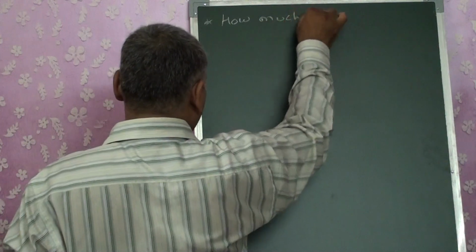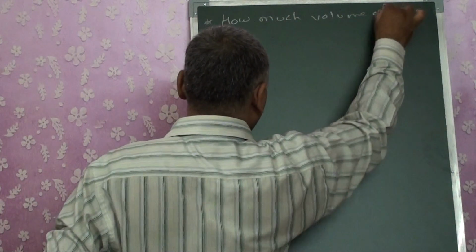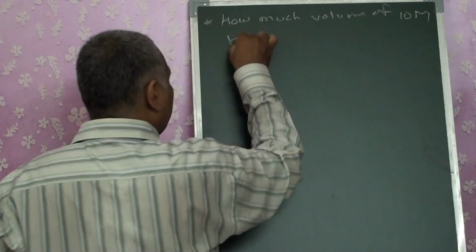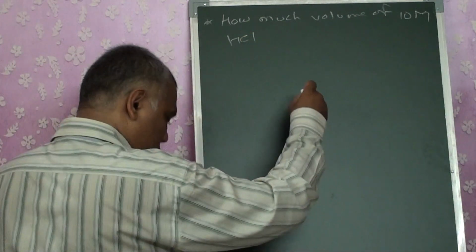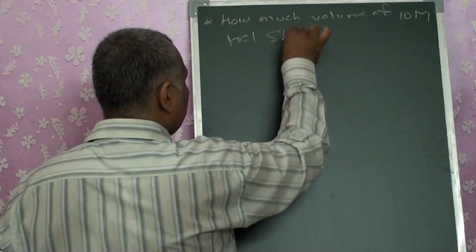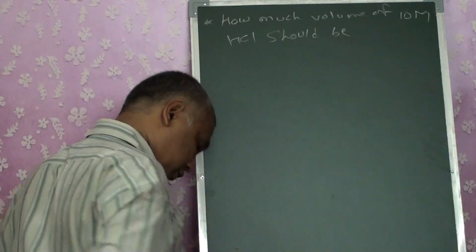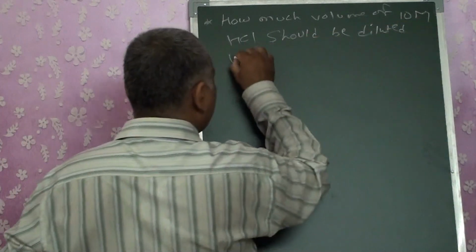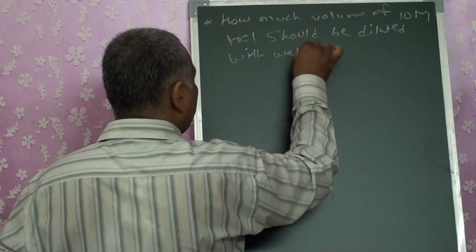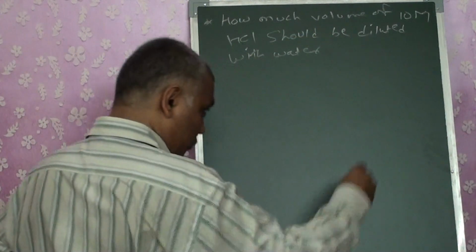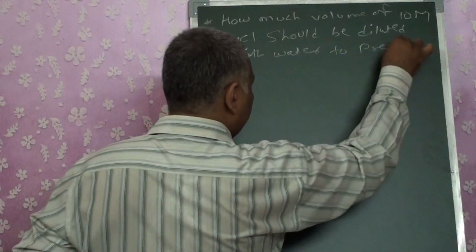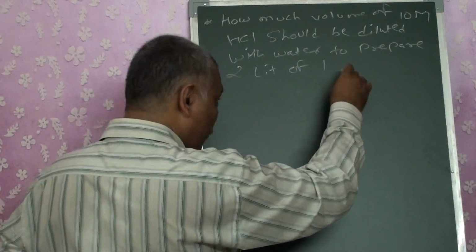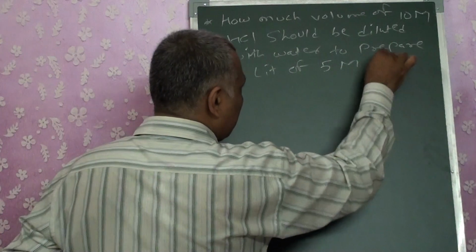How much volume of 10 molar HCl should be diluted with water to prepare 2 liter of 5 molar HCl?